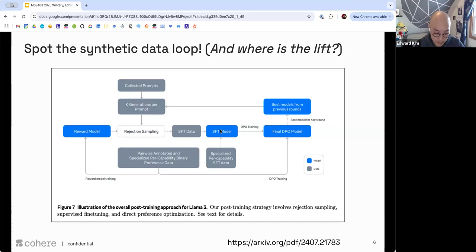And so the question is, well, how is that not circular? And the answer is you can use a reward model to rank them. There are many different ways you can implement a reward model, but in principle, all you really need for this to work is any function, whether it's a neural net or something else, that ranks completions from better to worse. And you can use that in this kind of setup.